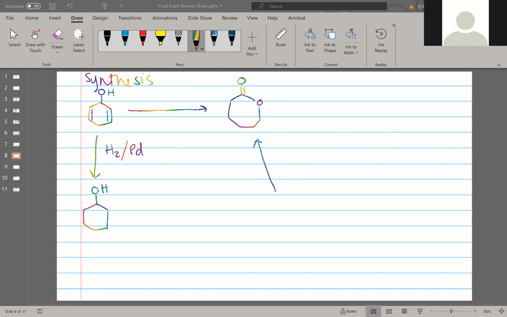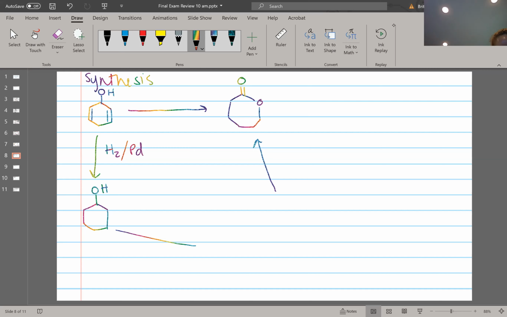Could you oxidize it to a carboxylic acid? We couldn't get it to a carboxylic acid because it's a secondary alcohol, but we could oxidize it. If we used pretty much any oxidant, we would get the same outcome. What would that be?